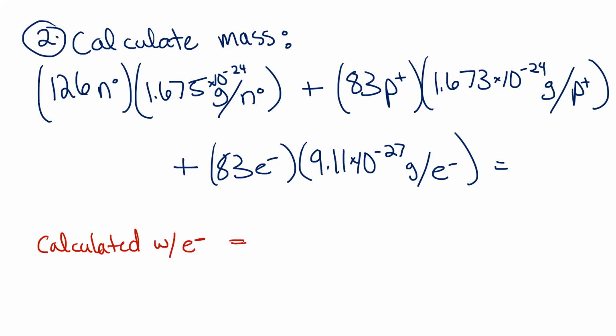So now I'm going to show you very quickly that the electrons do not make a huge difference in the mass. 1.675 times 10 to the negative 24 plus 83 times 1.673 times 10 to the minus 24 plus 83 times 9.11 times 10 to the negative 27.